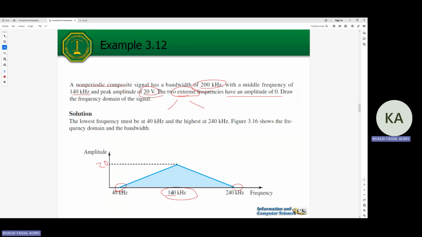Now, just by common sense, because the bandwidth is 200, the highest number will be 240 and the lowest number will be 40. So when I subtract 40 from 240, I get 200, which is the given bandwidth. Okay.